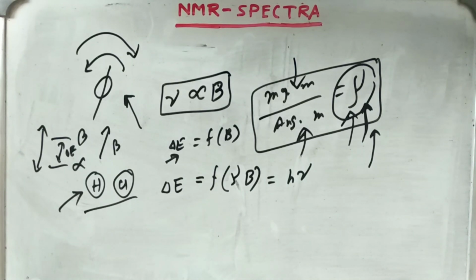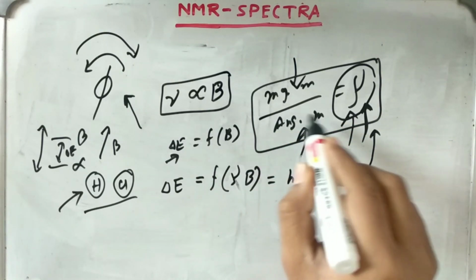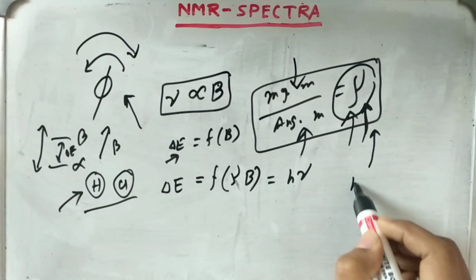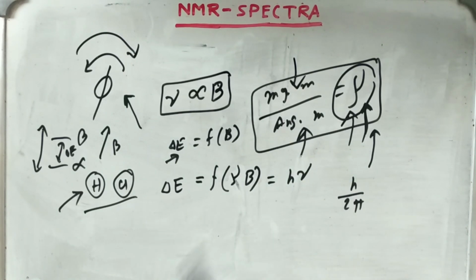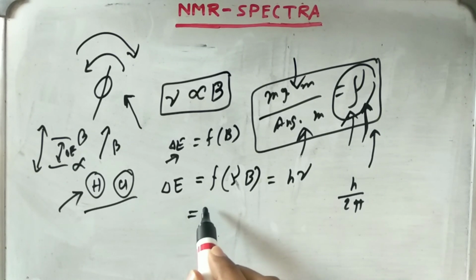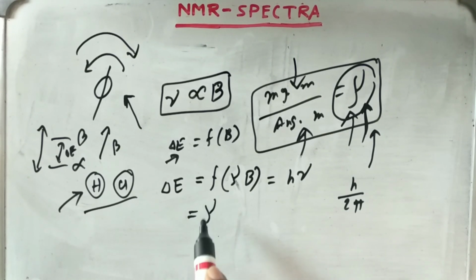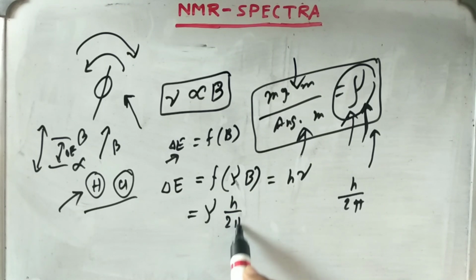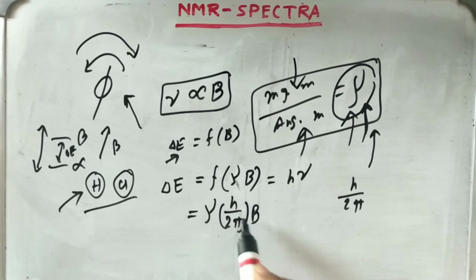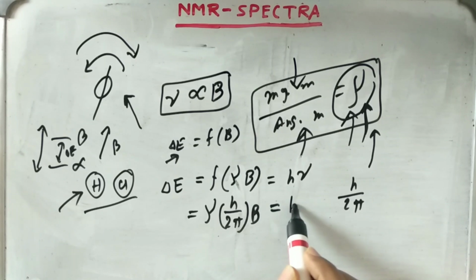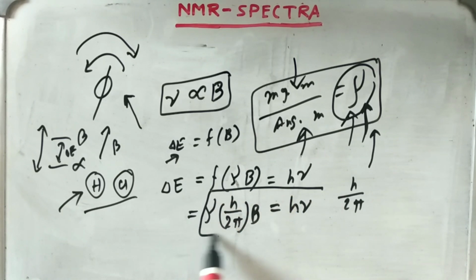You of course know that angular momentum is quantized with the unit of h by 2 pi from Bohr's theory. So just put here h by 2 pi, and finally we get the magnetogyric ratio times h by 2 pi times the magnetic field, which equals h nu. So this will be the required formula.